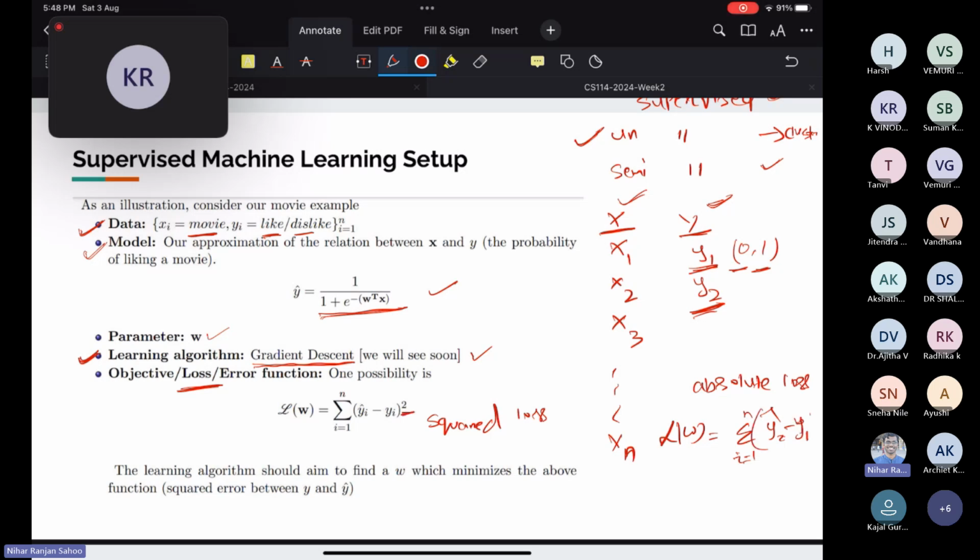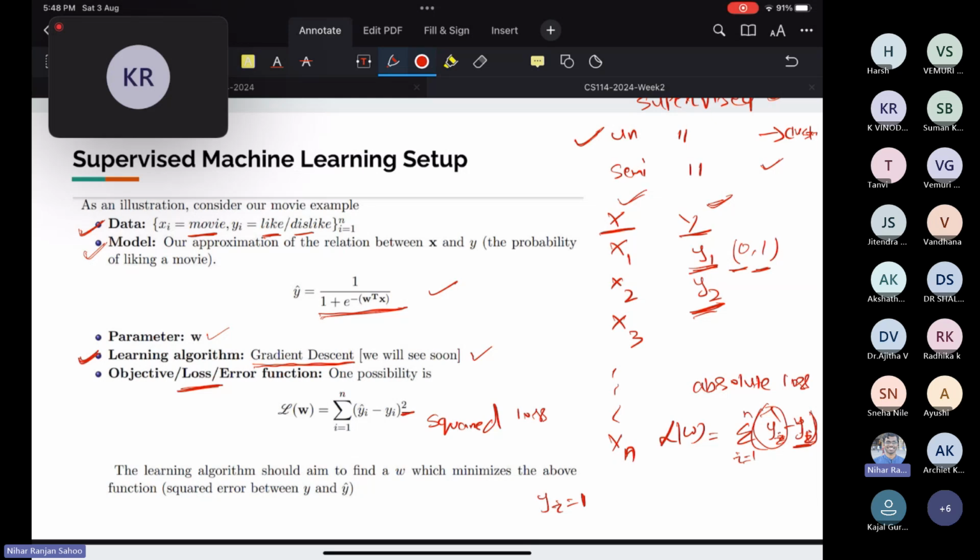The problem with this loss function is, let's say we consider two data points, not one. Here the ground truth is yi and the prediction is yi hat. Both yi1 and yi2 have ground truth value 1 each.